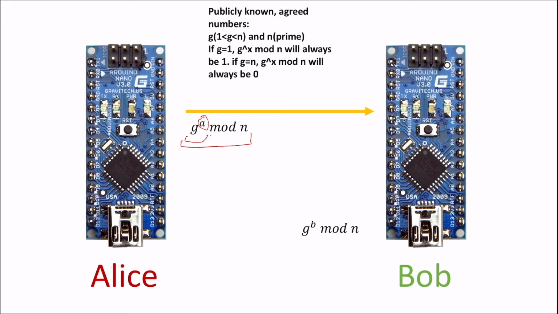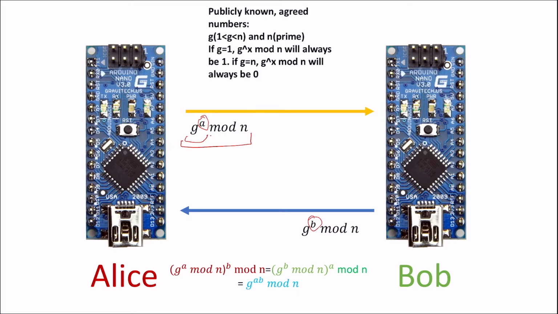Bob randomly chooses a number B, raises G to the B mod N and sends it to Alice.